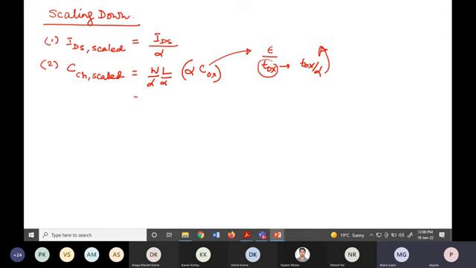So you see here also the capacitance will reduce. We have also mentioned that the depletion width associated with source and drain will also decrease. So WD scaled, that is the depletion width, will also decrease by alpha, the same amount.